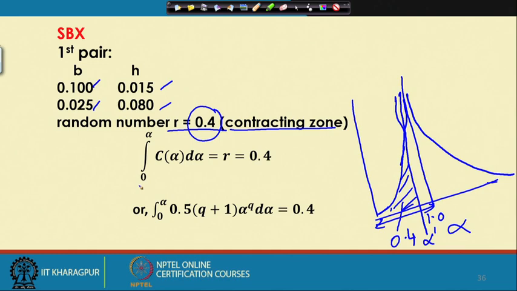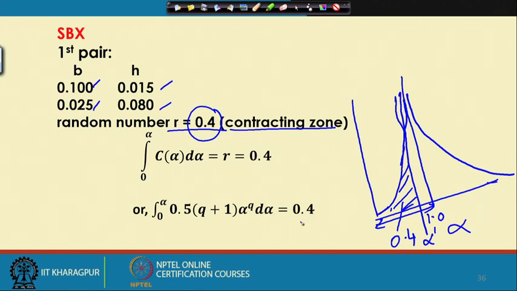Now, if I just substitute the expression, integration 0 to alpha, C alpha is 0.5 multiplied by q plus 1 into alpha raised to the power q d alpha, and that is nothing but 0.4.